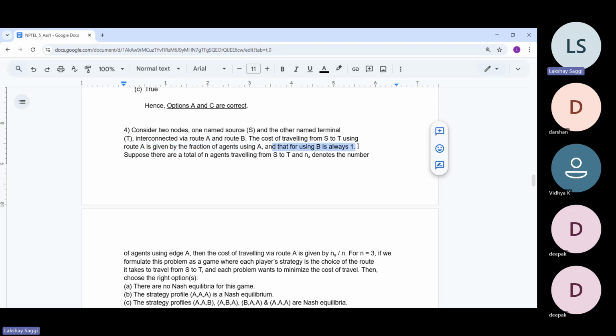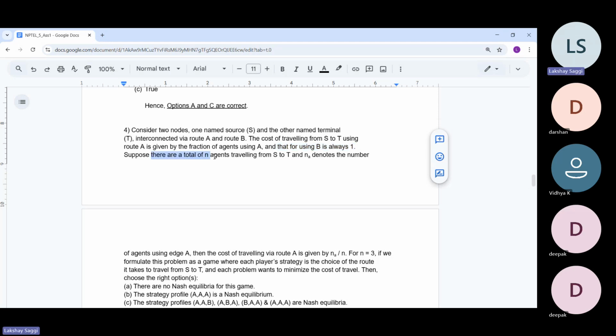So there are two routes, and if an agent travels through route A, the cost the agent will have to pay will be equal to the fraction of agents which are using A. So basically the cost through A depends on the number of agents which are actually traveling through A. But for B, it is always fixed as one. You'll always be paying a cost of one on taking the road B.